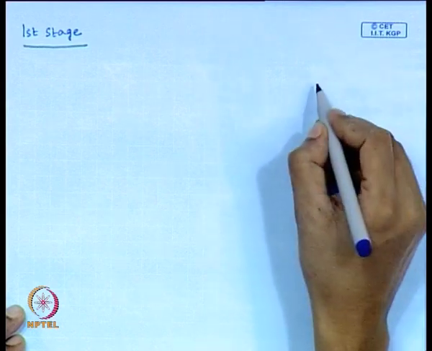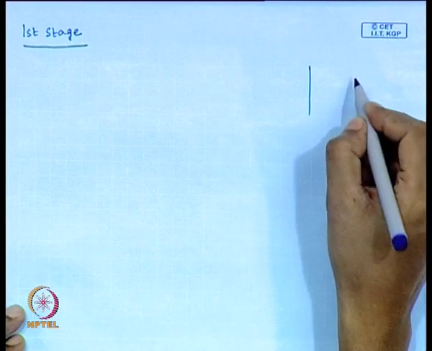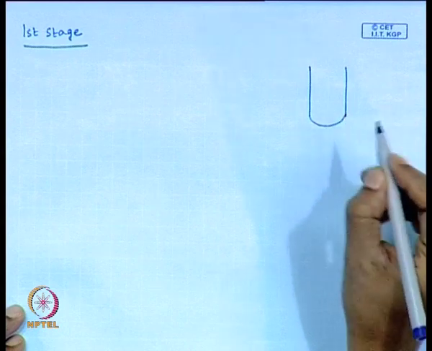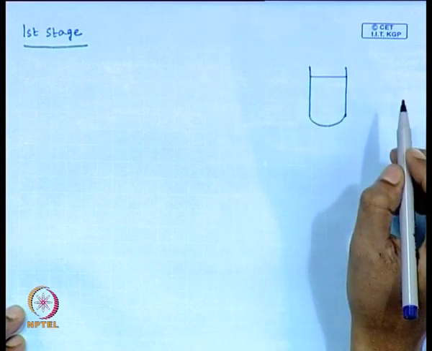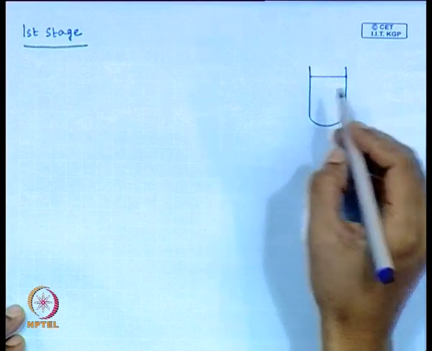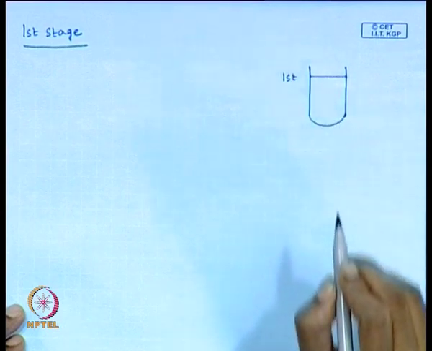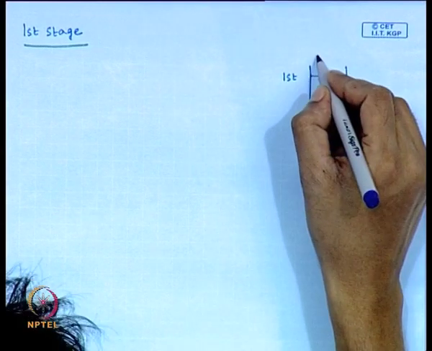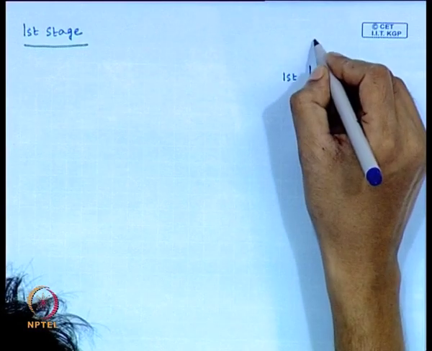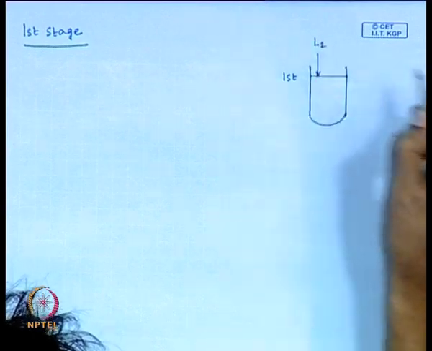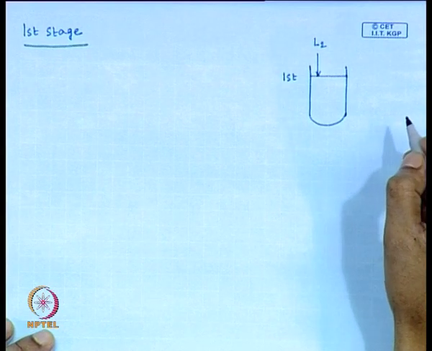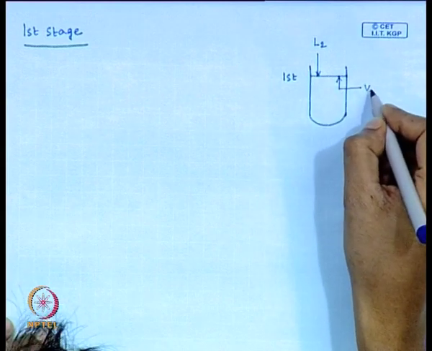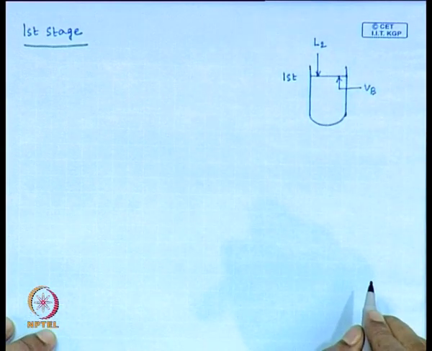The schematic representation of the first stage is like this. This is the first stage. Fine. Now, input liquid flow rate, one is L2, another input stream is VB, which is coming from the reboiler.